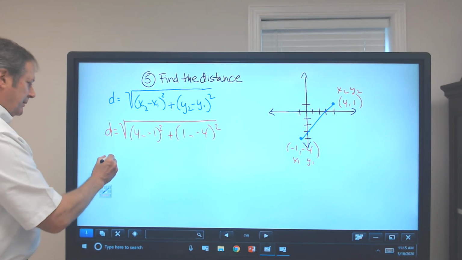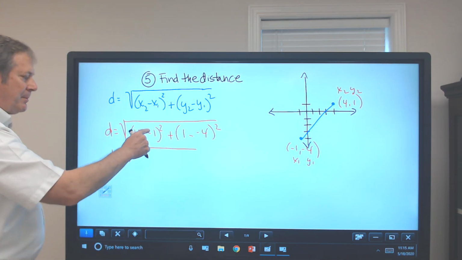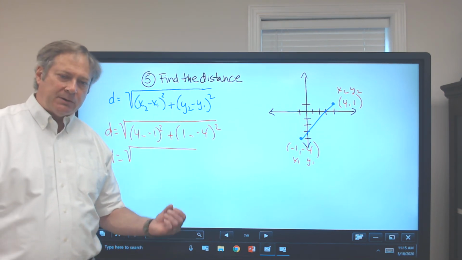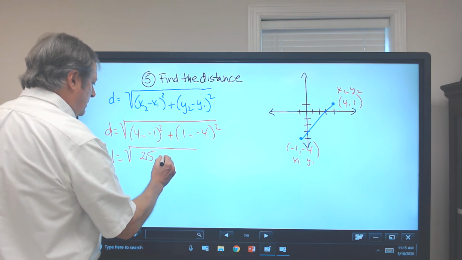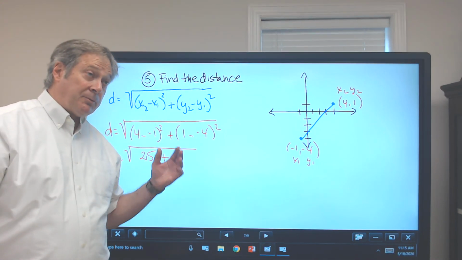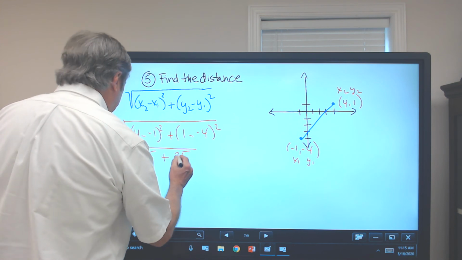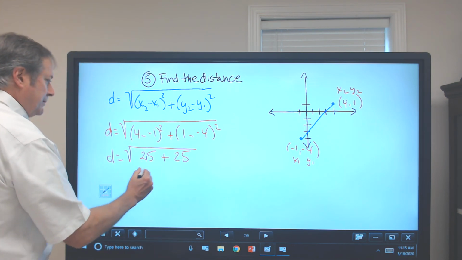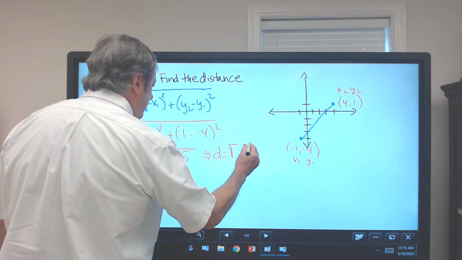Okay, let's keep going. Let's simplify now right here. All right, so 4 minus a negative 1 is 4 plus 1, which is 5. 5 squared is 25, plus 1 minus a negative 4 is like 1 plus 4, which would be 5. 5 squared is 25. So the distance between those two is the square root of 50.